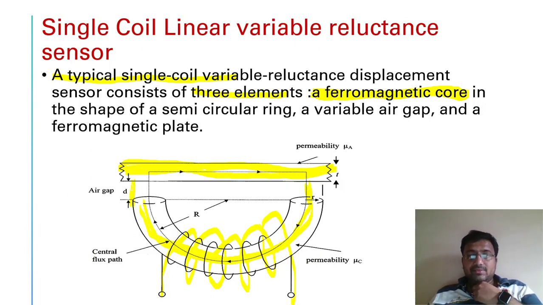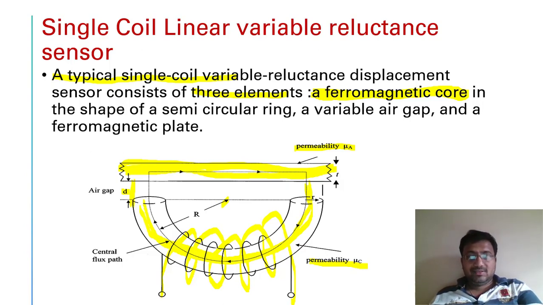The air gap is represented by D, mu A and mu C are the permeabilities. The radius of the ferromagnetic circular ring is r, and the center radius is capital R. So this type of arrangement is known as a single coil linear variable reluctance sensor.